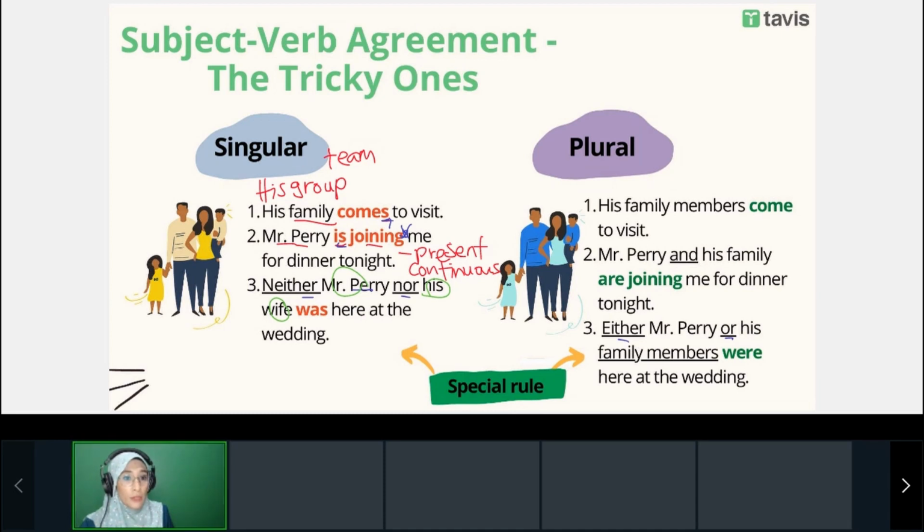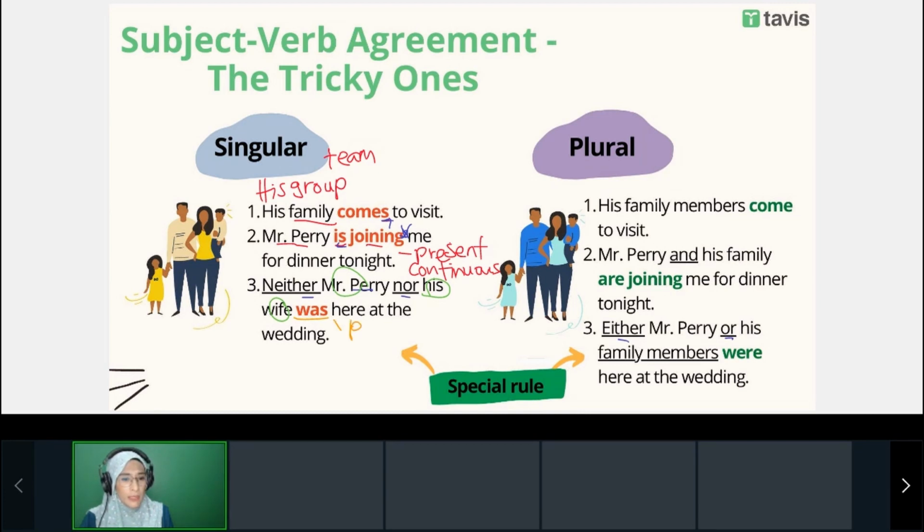You can see that the subject closer to the verb is actually his wife. So his wife is only one person.